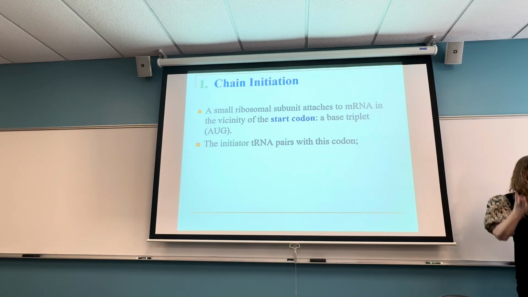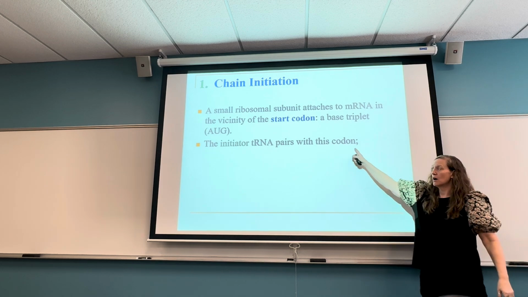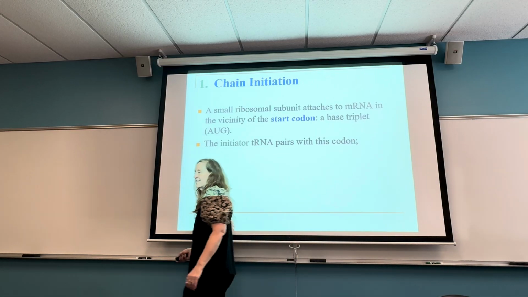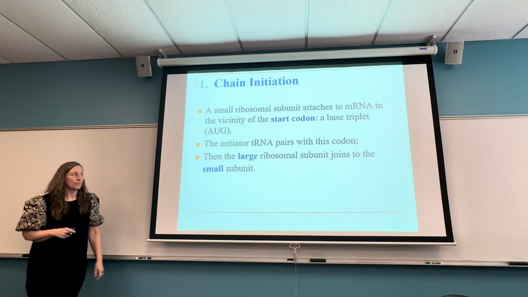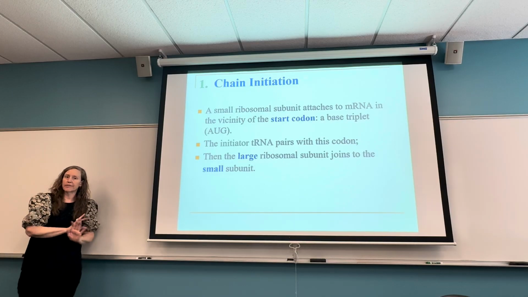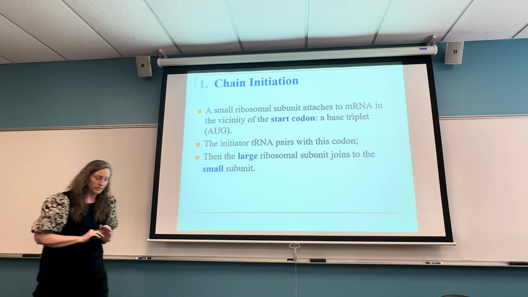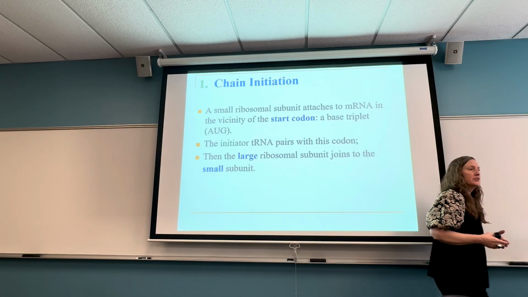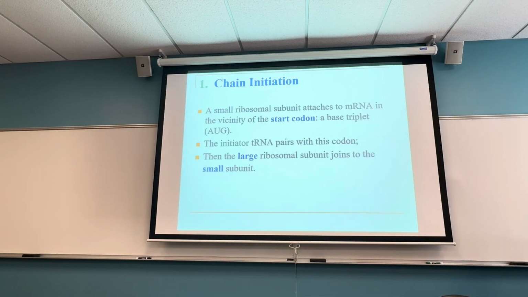The tRNA comes over, and it brings over that methionine on its backpack to this mRNA codon. The tRNA is called the anticodon. And then the large and small ribosomal subunits come together. So everybody's kind of like coming together at once.